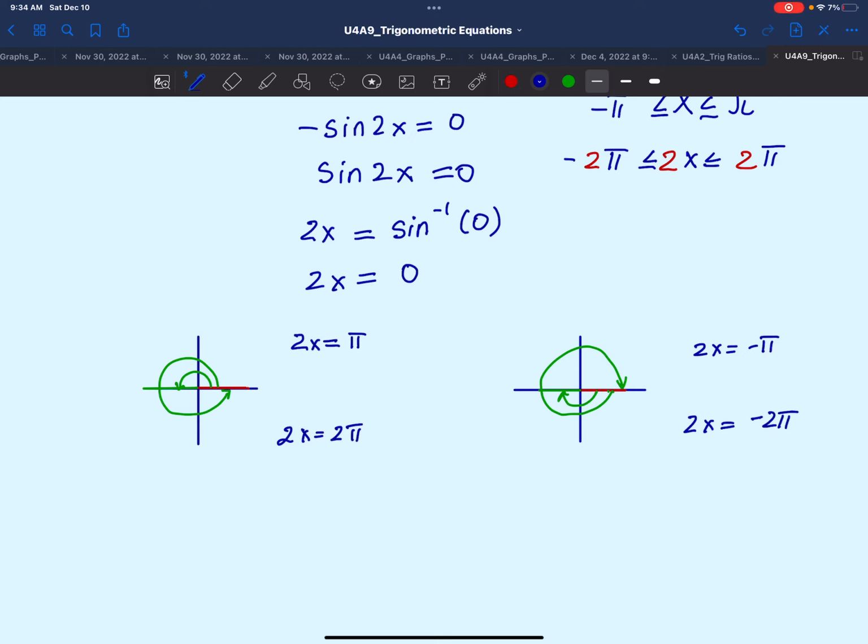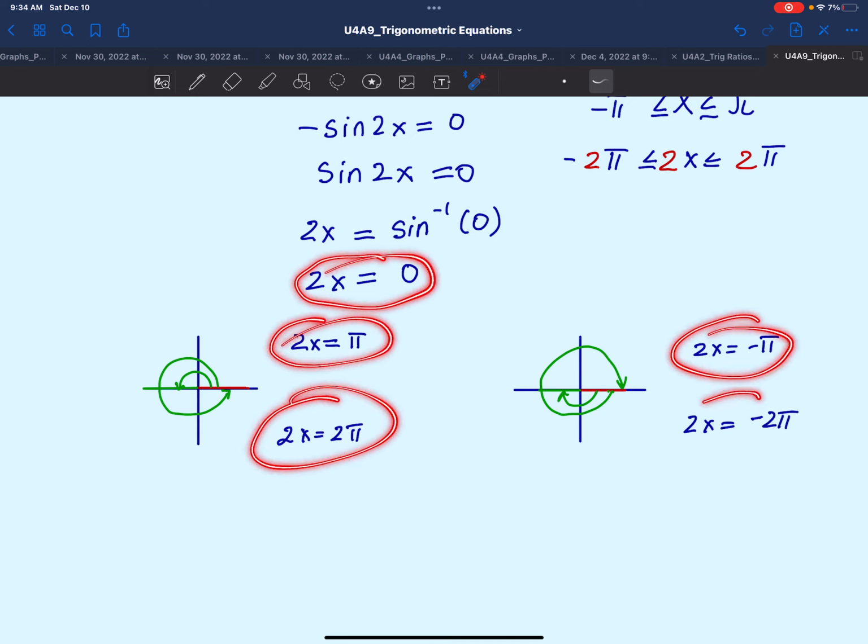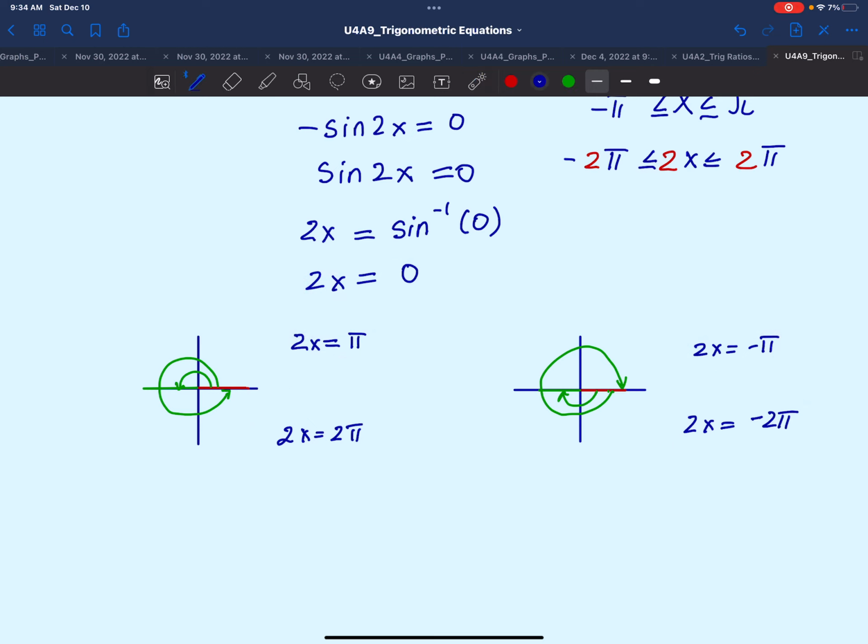So we are solving now for x because we have exhausted all the solutions we had for the angle 2x. So we solve for x by simply isolating each equation. So here we're going to get our first solution at x equals 0. The next solution would be at x equals, divide both sides by 2, pi over 2.